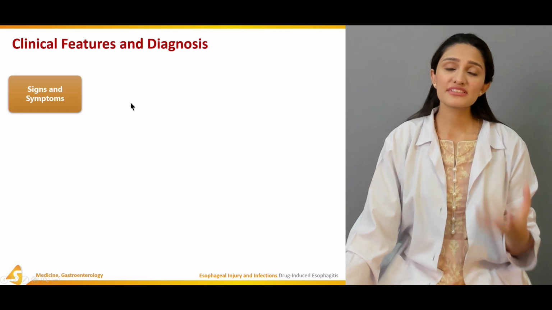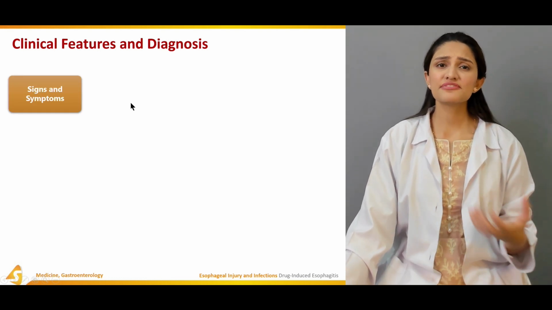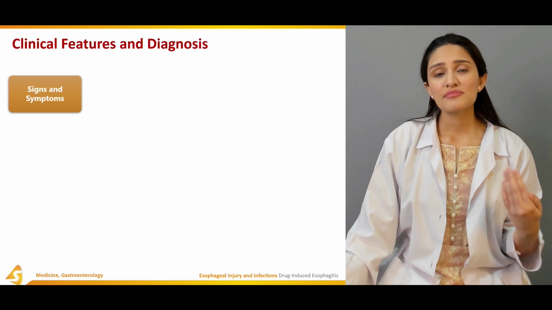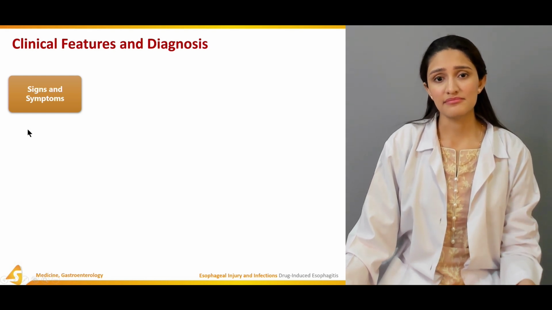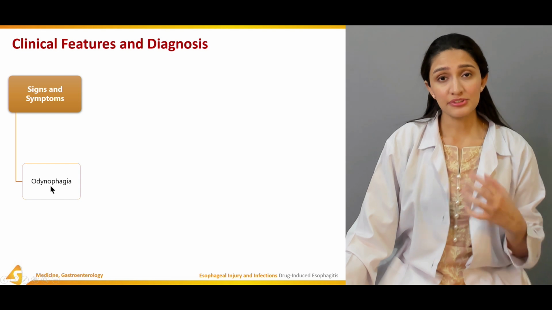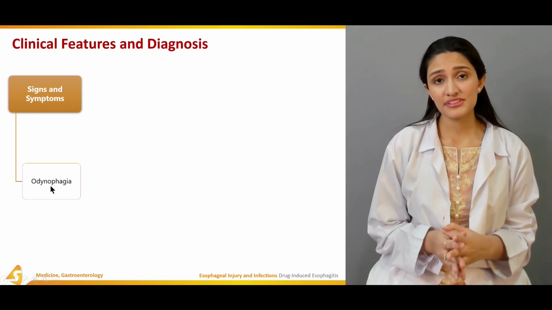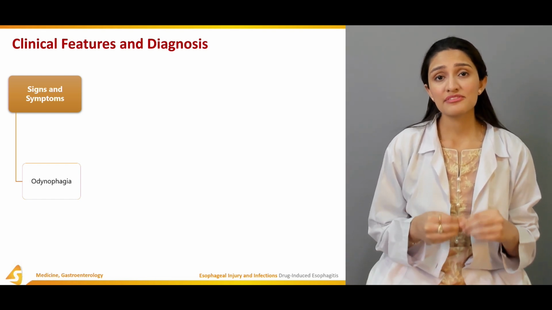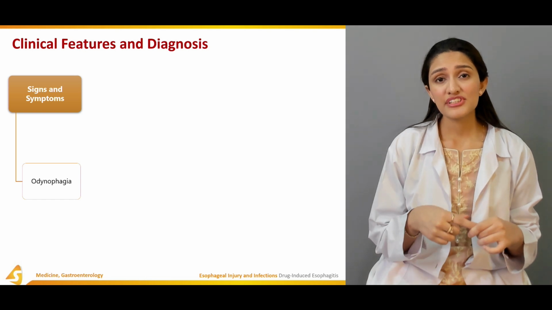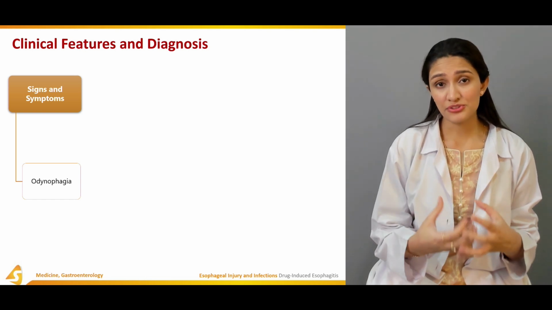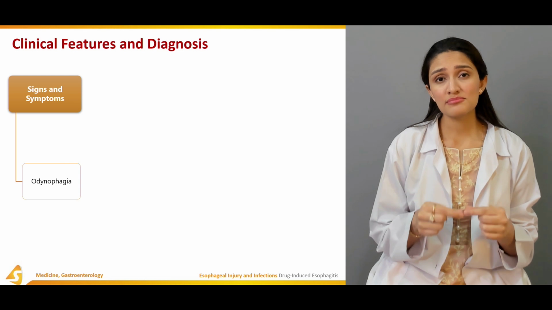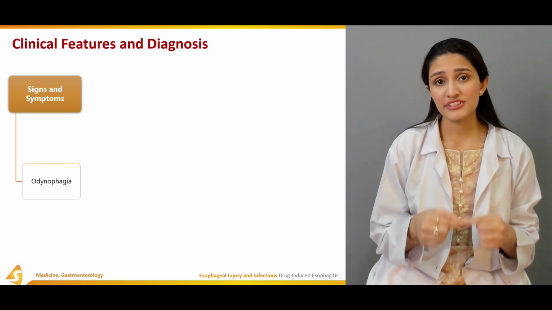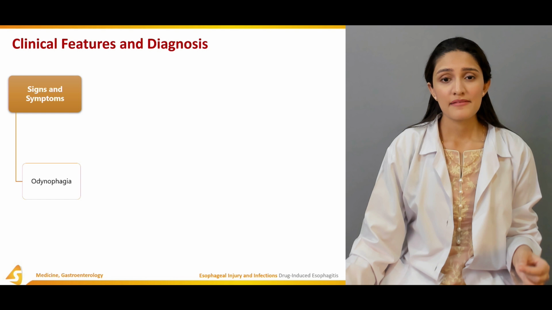Now, if we talk about the different clinical features, what are the features that a patient might present with in the outpatient department? The patient might present with odynophagia, which is pain with swallowing. It can be so severe that the patient has pain even with a small amount of liquid being sipped.